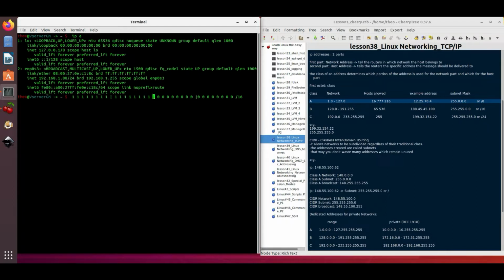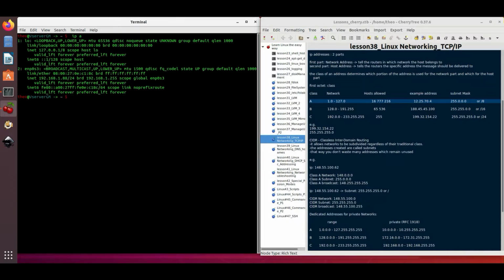And if you want to write it as a subnet mask, then you would write 255.255.0.0. And if your subnet mask is /24, then you have 24 times the bit 1. So you need 1, 2, 3, 4, 5, 6, 7, 8 for each of three octets. And this would be the /24 subnet mask. So let's go back to our classes.